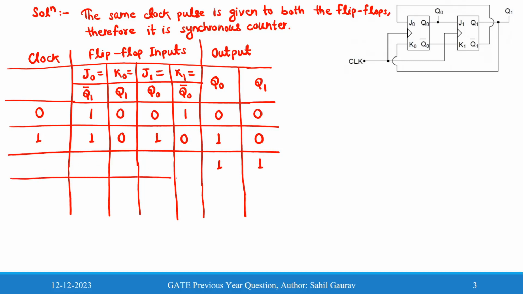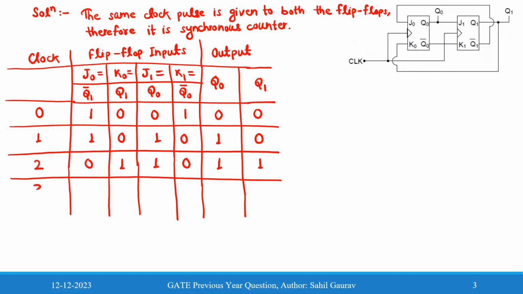Now based on this output, we will fill the table for the second clock pulse. So if we fill the table, then it will be like this. Q0 is 1, so it is 0, Q1 is 1, it is 0.